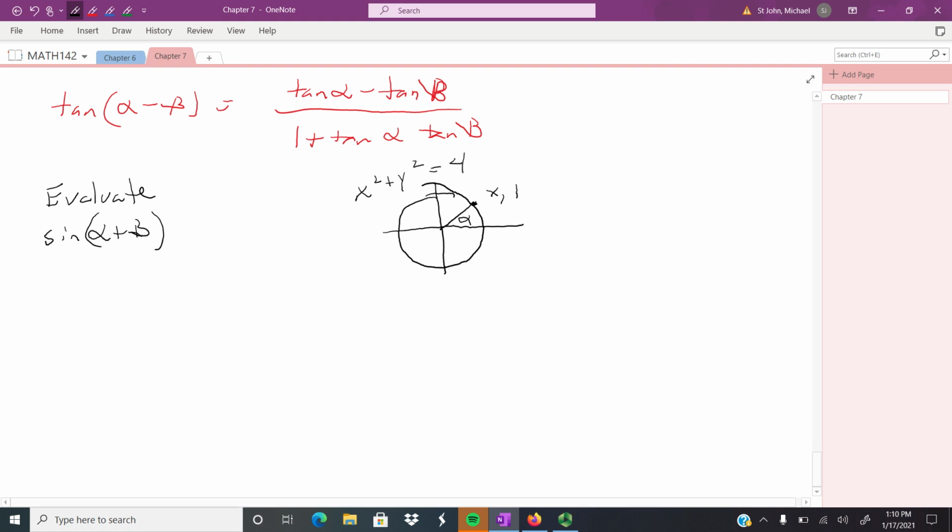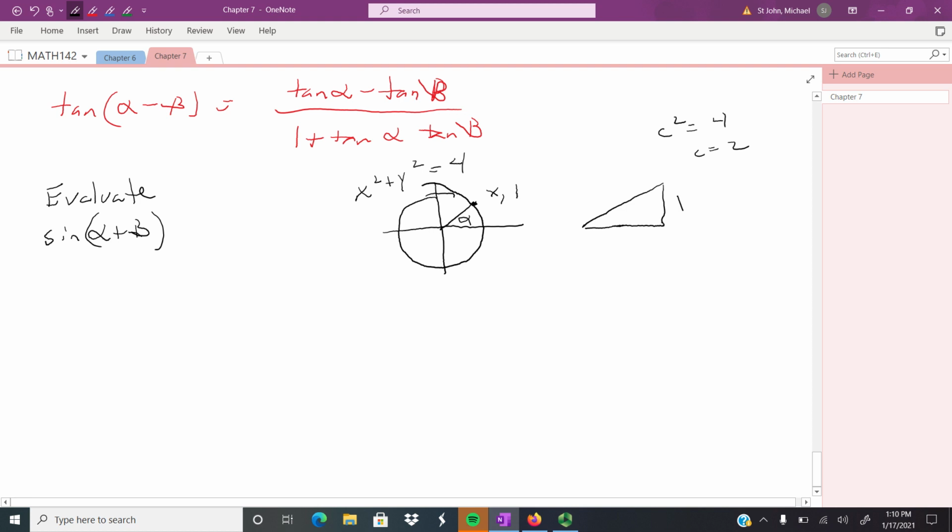So if I look at the triangle that's being generated here, we know this side is 1. And we have x squared plus y squared equals 4. So if c squared equals 4, that would mean c has to equal 2.